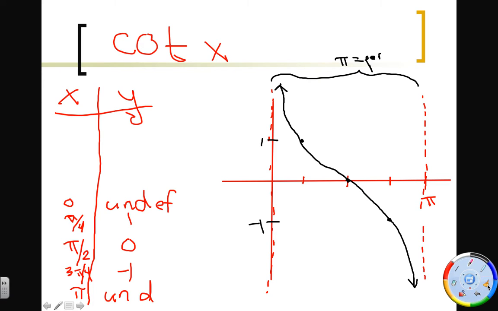So what if I wanted to shift this over something? So let's just go with tangent because it's the same thing as cotangent. If I had the tangent of x minus pi sixths. Well, let's think about what that would look like.